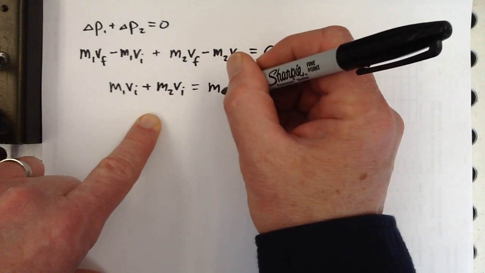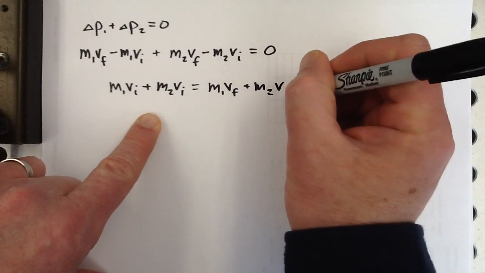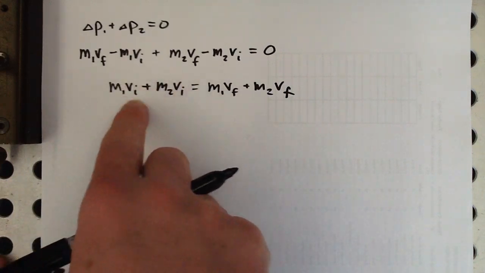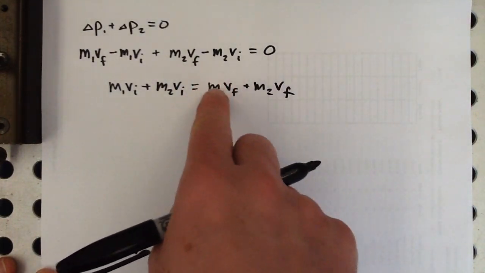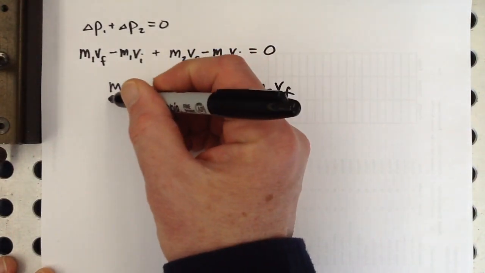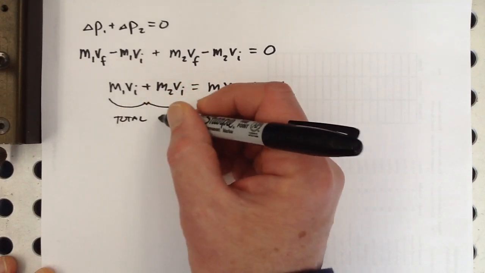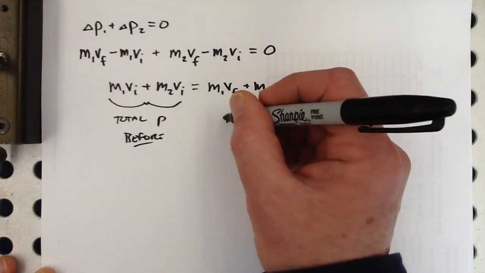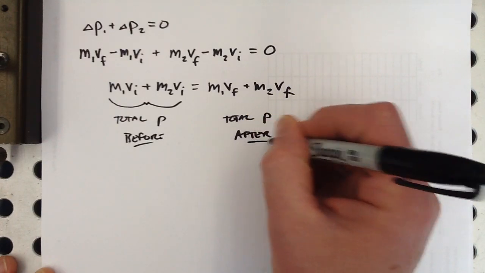Equals mass 1 times its final velocity plus mass 2 times its final velocity. So all of the masses and velocities multiplied together before the collision or explosion equal all the masses and velocities multiplied together and added up after the collision. So this is our total momentum before the collision, and this is the total momentum after the collision.